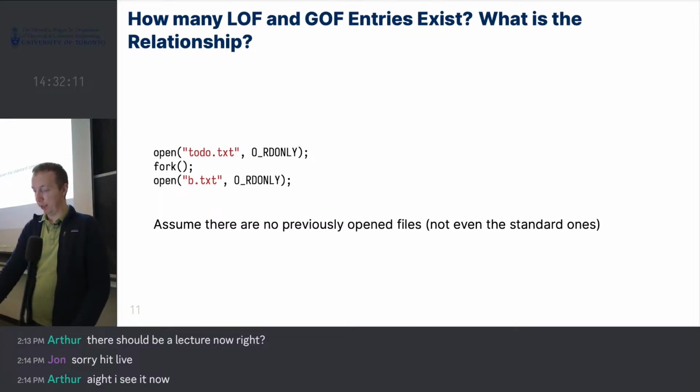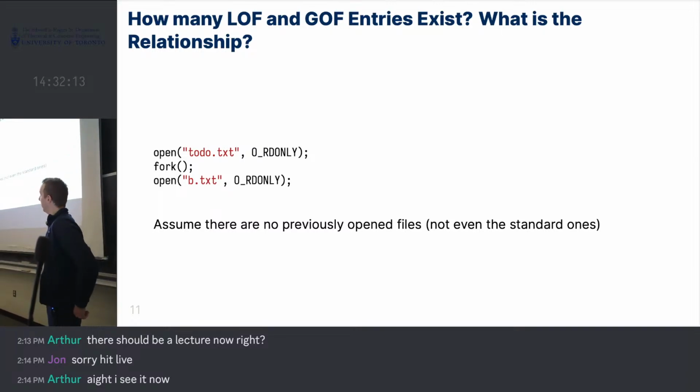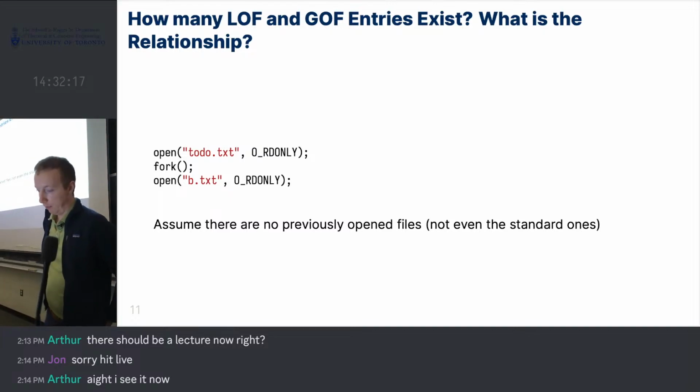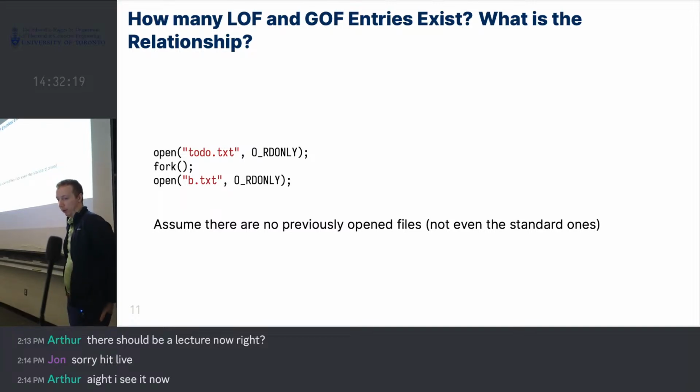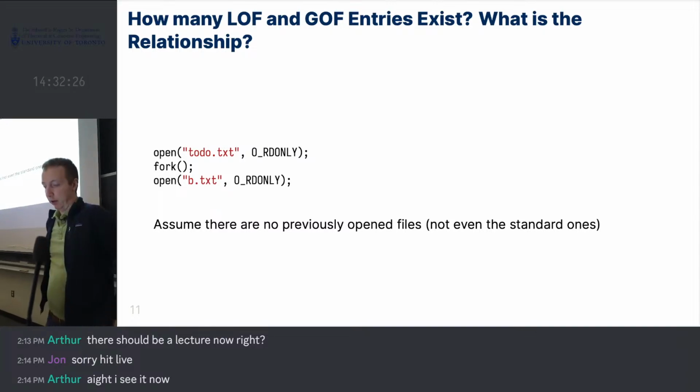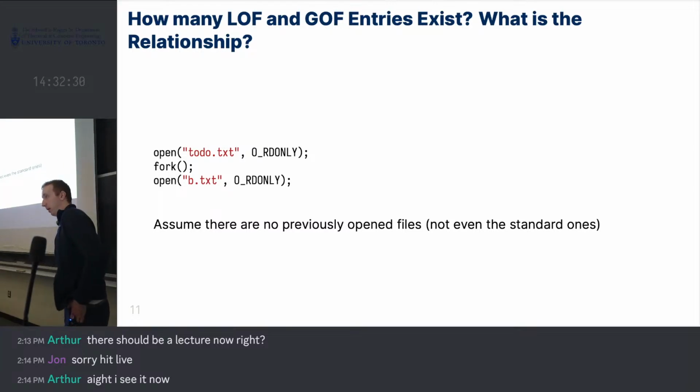Say this is one process: it opens to-do.txt and then forks, and after the fork we open b.txt. Assuming these are our only open files, how many local open files do we have in each process versus how many global open files do we have, and what is their relationship?